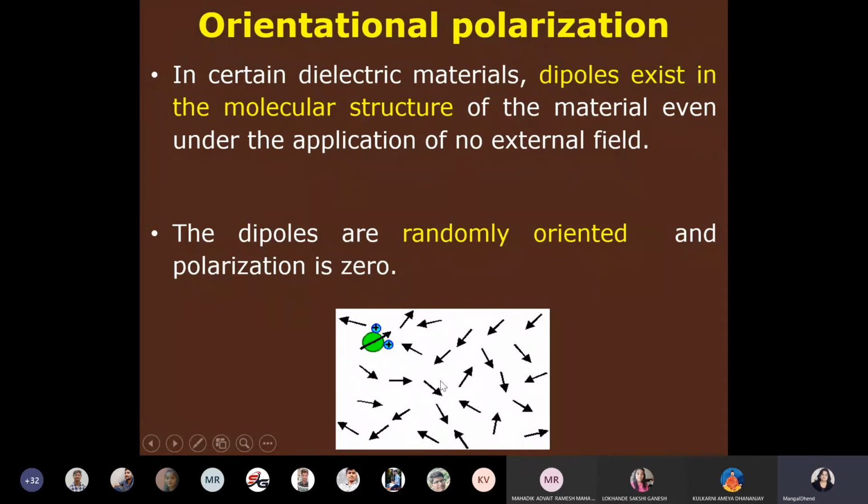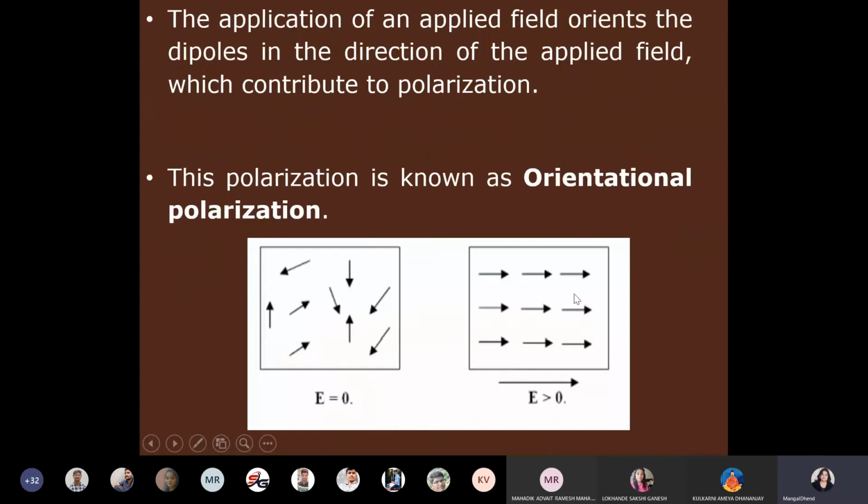In orientational polarization, dipole moments are already there, but they are arranged in a random fashion. We see there are directions and they are just oriented randomly. So net polarization may happen to be zero. But now what will happen when you place such a material? Which is such a material?